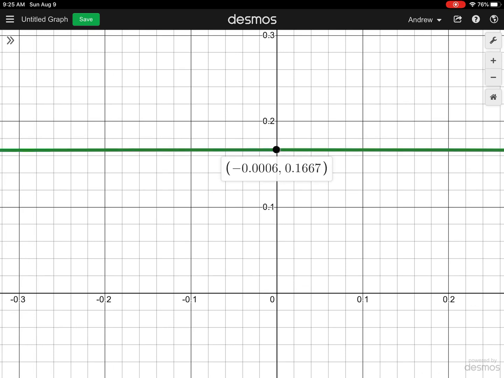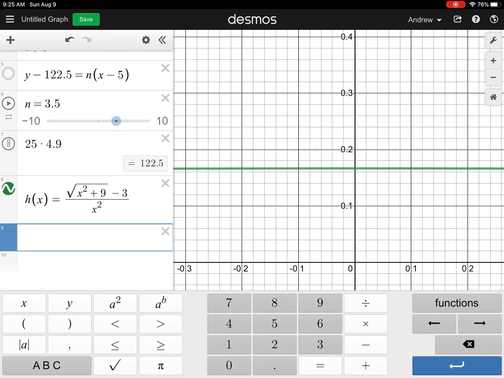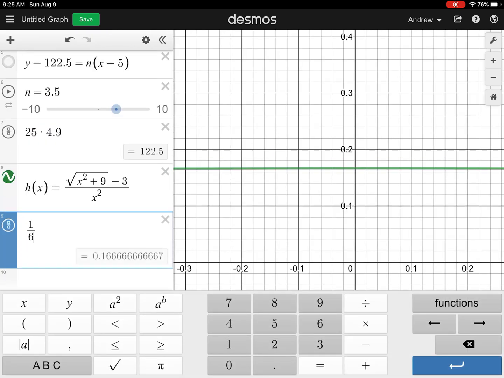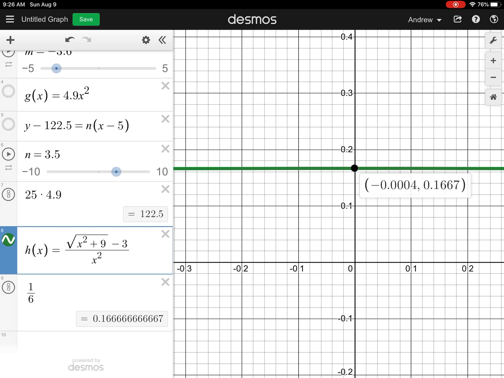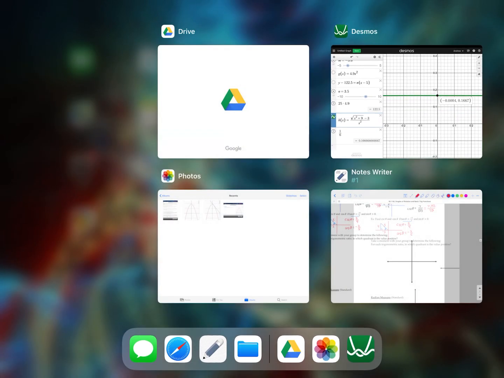Clearly, if we zoom in, what we get is Desmos's best approximation to the nearest thousandth here, it looks like, is 0.1667, and 1/6 is approximately 0.1667. So that is showing us what that limit looks like. Again, it's very easy to graph in Desmos, so definitely check your answers that way.